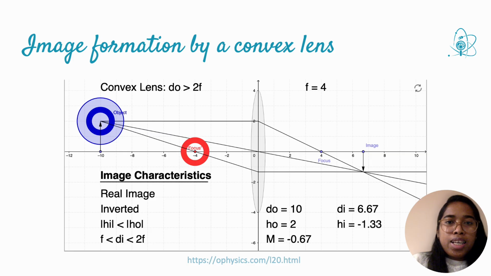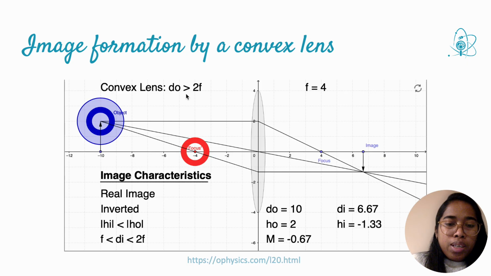So here is an animation generated from MORE Physics to explain and understand how the image is formed by a convex lens, so that the students will be able to run the experiment themselves. So the object that we have here, we have a focal length equal to 4, and the object is at a height of 2.